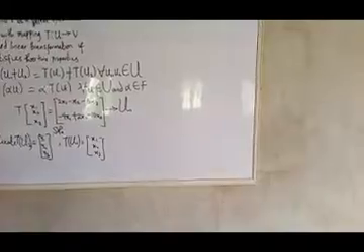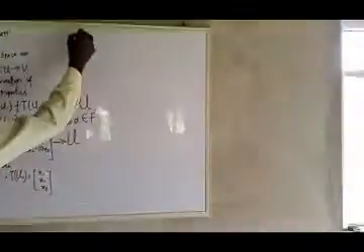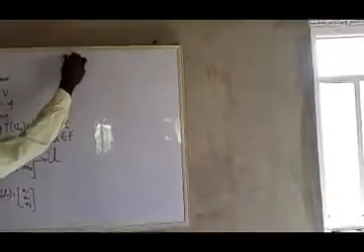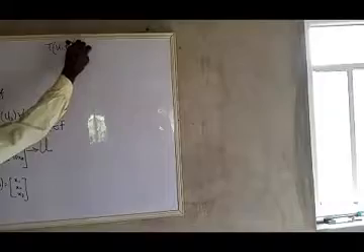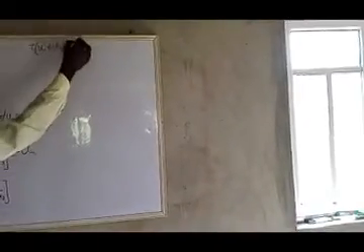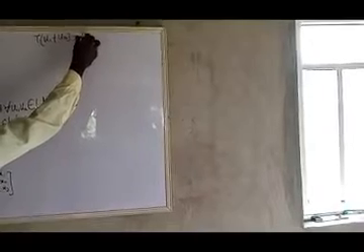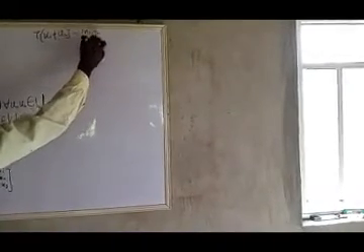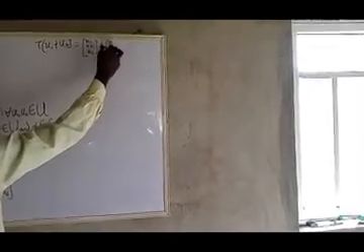After that, the first axiom you want to check is T of U1 plus U2. So what is your T of U1 plus U2? Your T of U1 is x1, x2, x3, plus y1, y2, and y3.